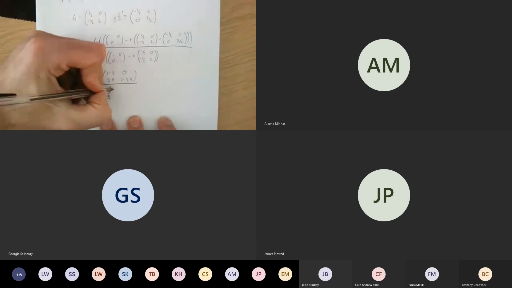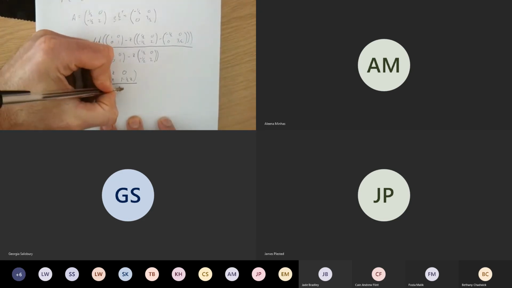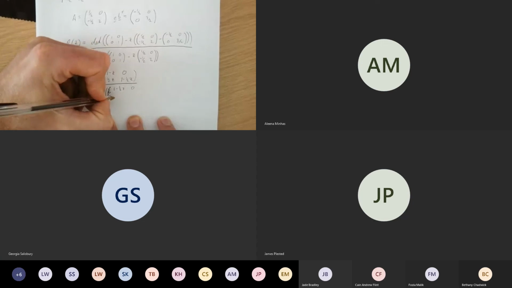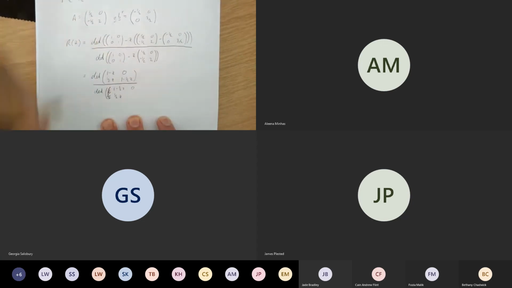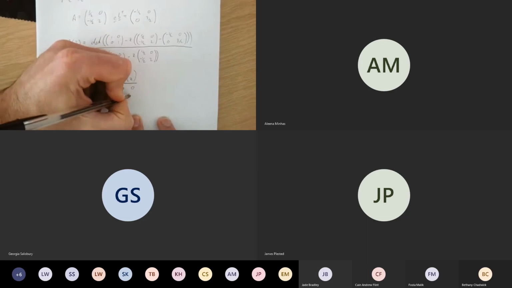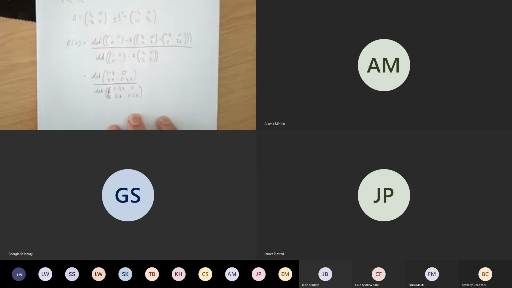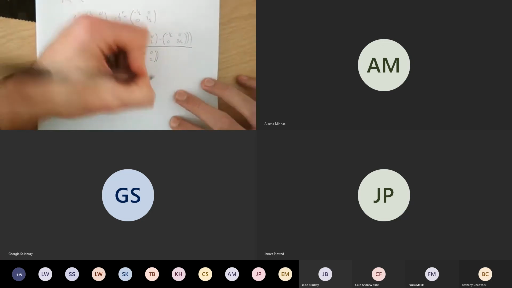So this one's easier. It's 1 minus 1/2 Z, 0, 1/2 Z, and 1 minus 2Z. Okay, so these are easy 2 by 2 determinants.